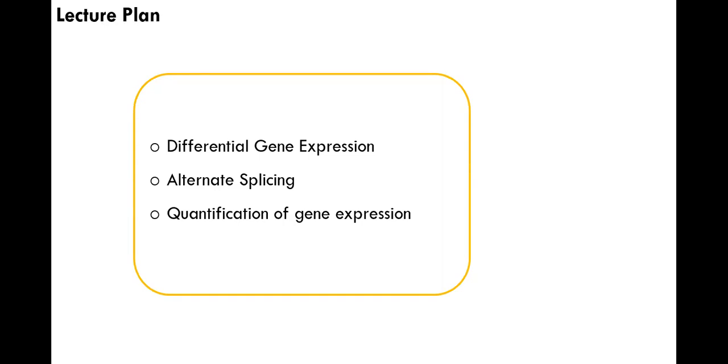One concept we already know is that differential gene expression or tissue-specific gene expression is the hallmark for the development of a highly organized animal like human beings, with different tissues and different organs. We may start from a single cell having the same complement of the genome, but as the cells go along, they get a different fate and different RNA transcripts. Along with that, we will talk briefly about alternative splicing, and then methods to quantify RNA transcripts. We'll go ahead.